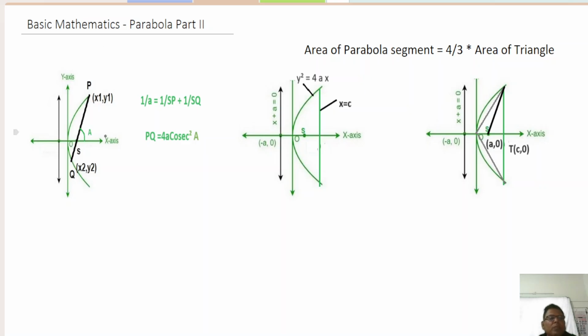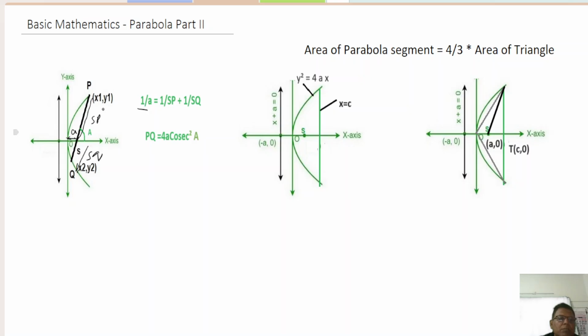In part 1 we left two important focal chord properties, that is 1 by a is equal to 1 by SP plus 1 by SQ. So SP is this one and SQ is this one, and this length is a.